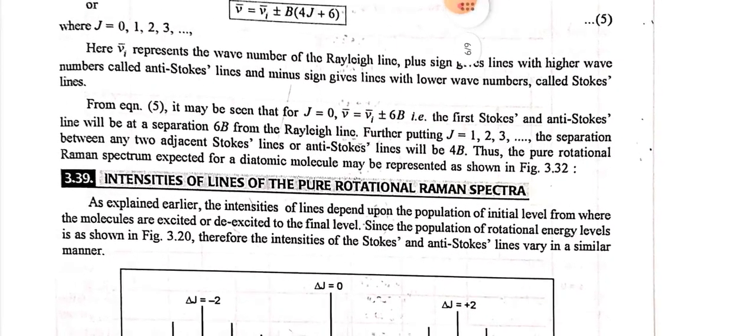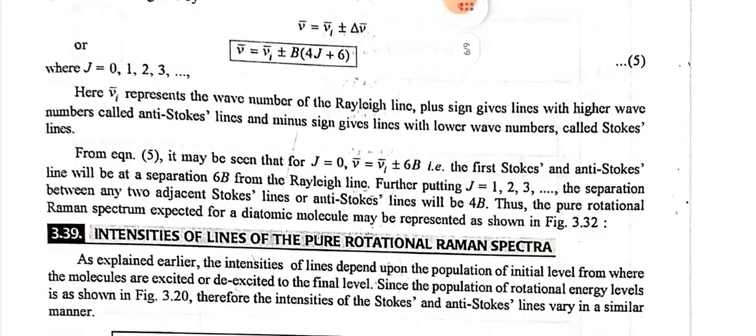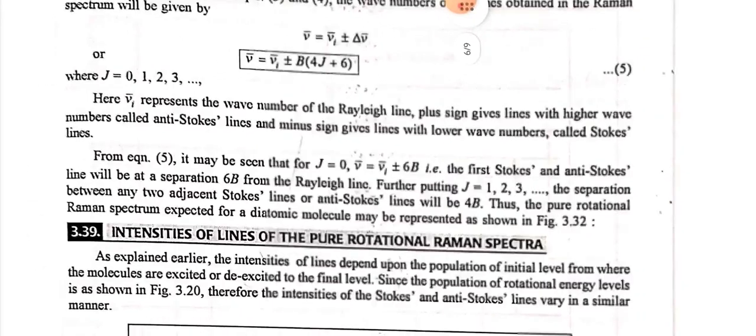From equation 5 it may be seen that for J equal to 0, nu bar is equal to nu bar i plus or minus 6B, the first Stokes line and anti-Stokes line, where each has a separation of 6B from Rayleigh scattering.